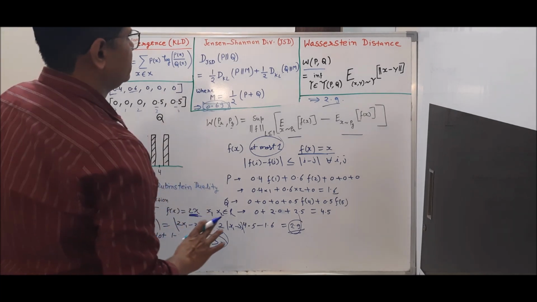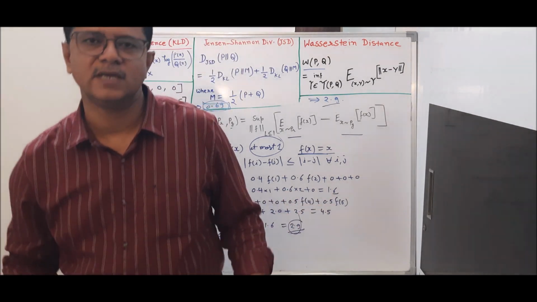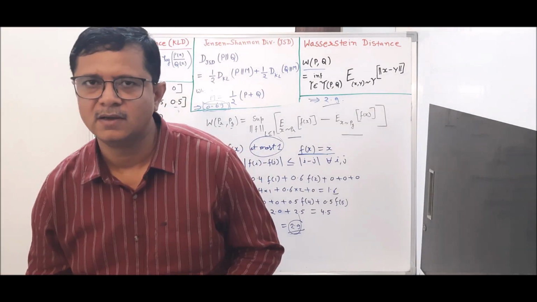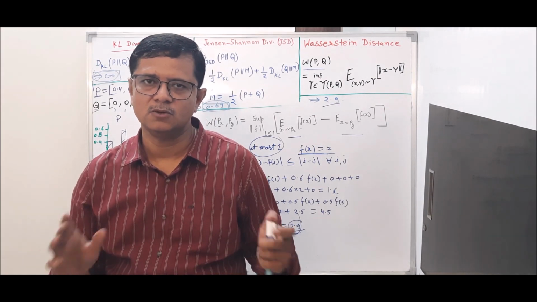So this is the general definition. This is a very general way, looks like a little heuristic way, to calculate the Wasserstein distance between two probability distributions.